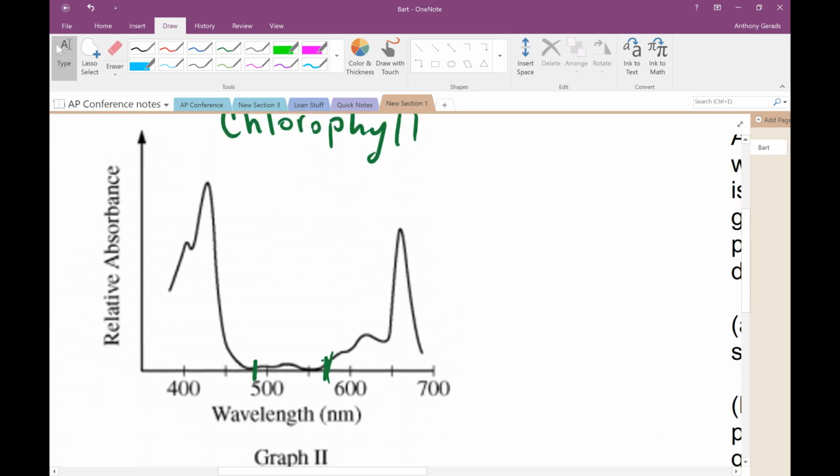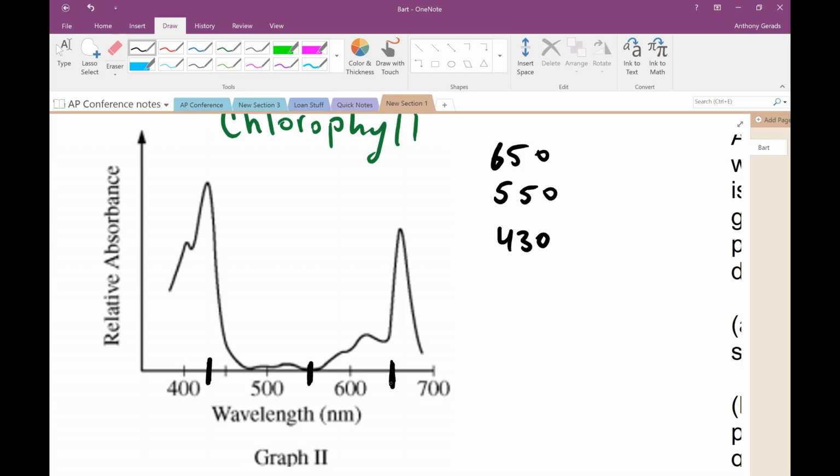So remember, we were looking at 650, 550, and 430. Based off these 3 wavelengths of light that we have, we've got one wavelength about right here, one right here, and one right here. Which one do you think will do the photosynthesis at the fastest rate?